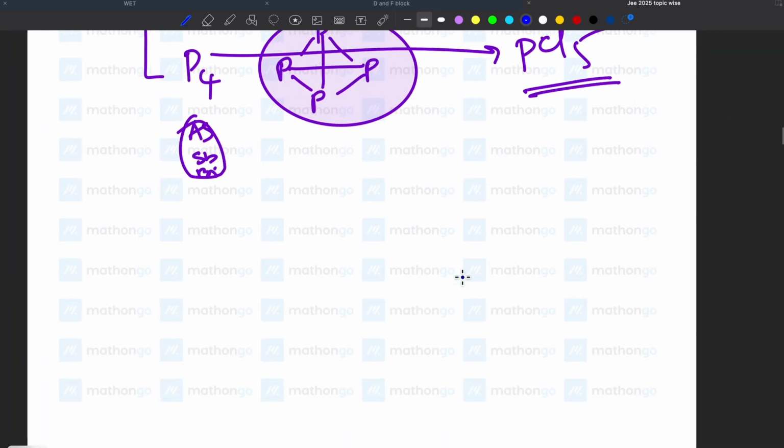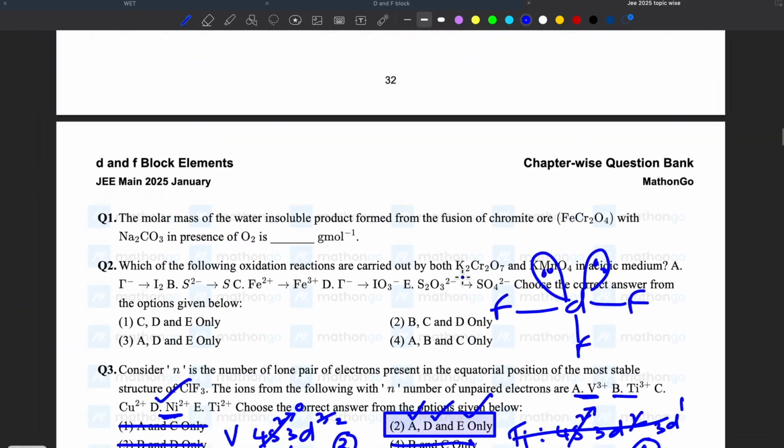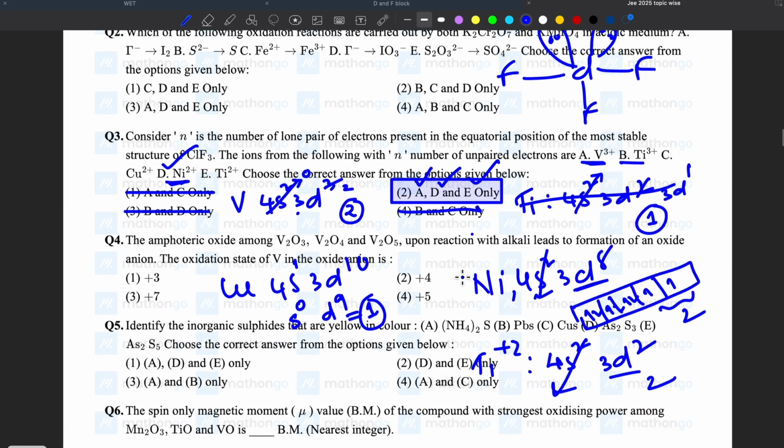I will see few more questions if they are there. No. These are the 2 questions asked, right?